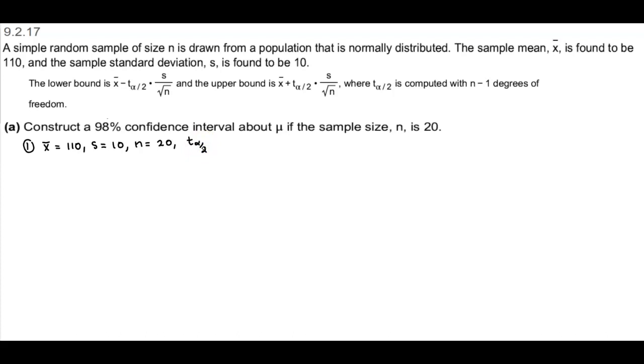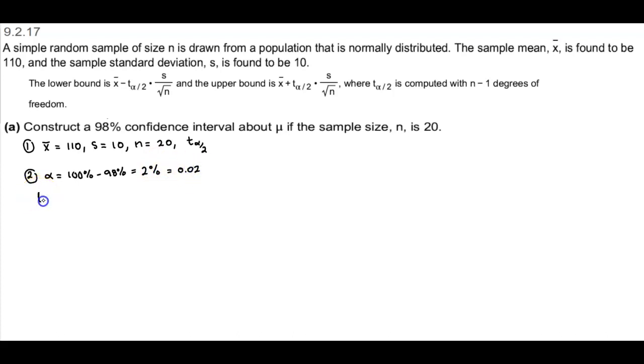So in order to find t alpha divided by 2, alpha, we're constructing a 98% confidence interval. So alpha is equal to 100% minus 98%, which is equal to 2%, which is equal to 0.02.